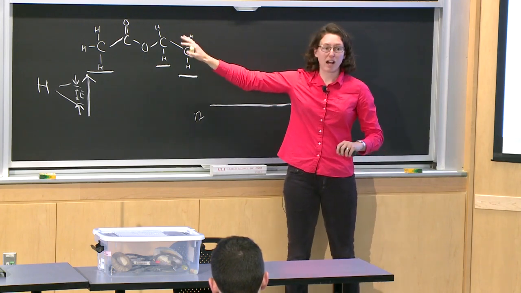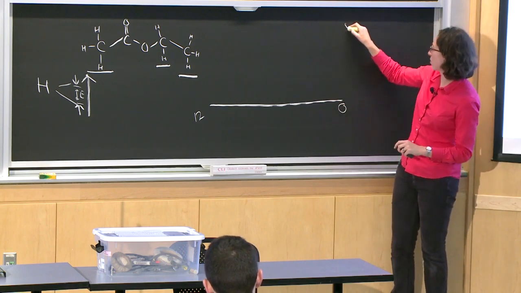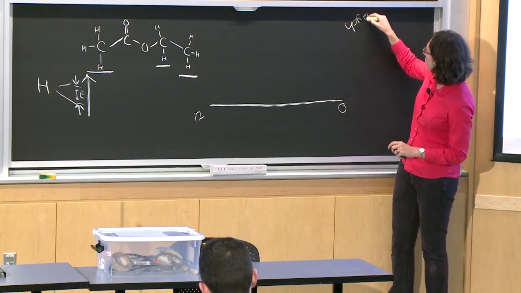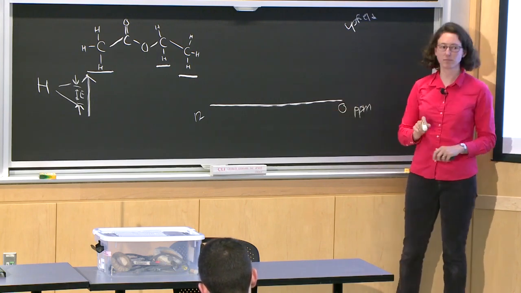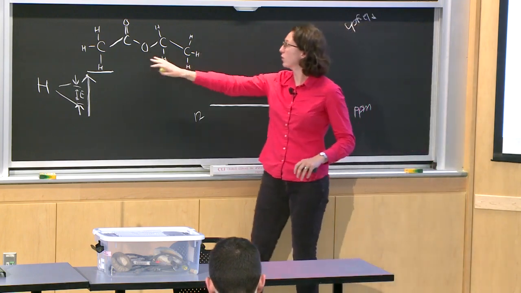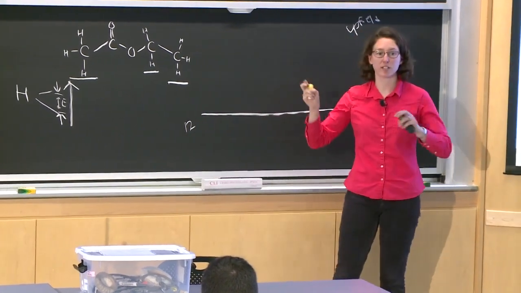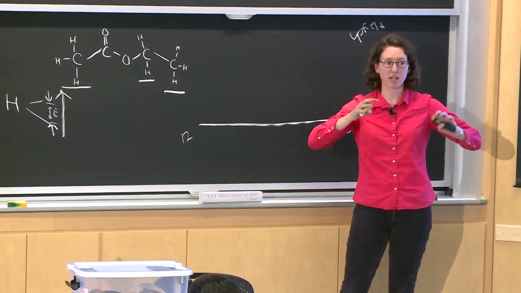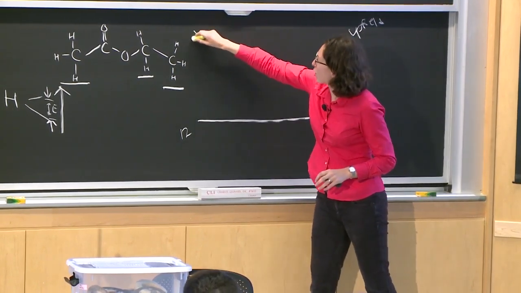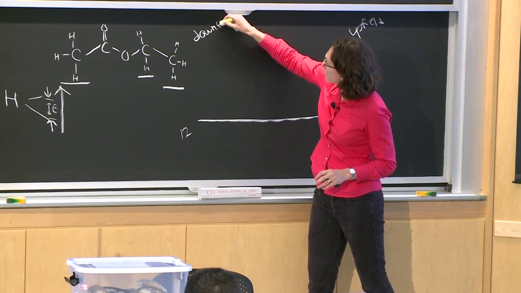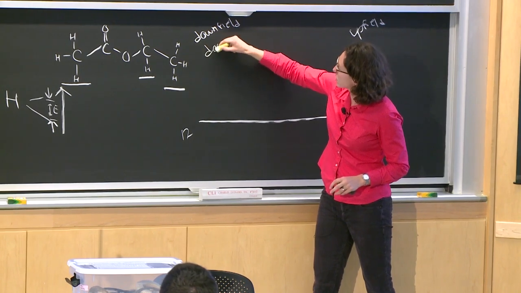The things that are very alkyl or just have a lot of CHs around them are going to be further upfield, with a lower ppm number. And things that are closer to oxygens or electron withdrawing groups are going to be, they call it de-shielded, so the electrons are withdrawn away from those protons. It doesn't shield them from the magnetic field as much. So they come up more downfield. And the way that you can remember that is downfield or de-shielded.